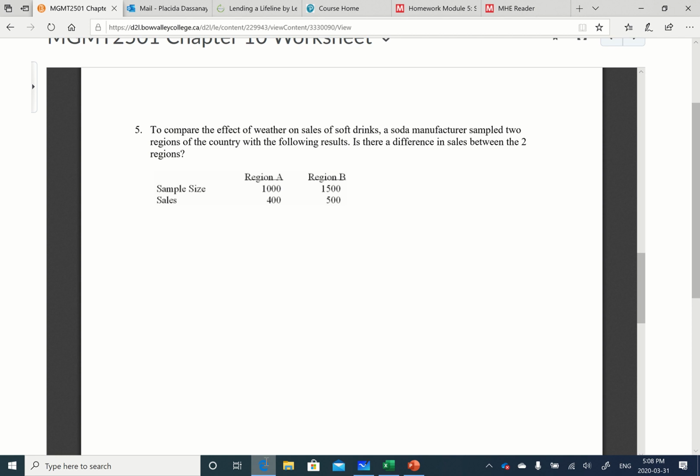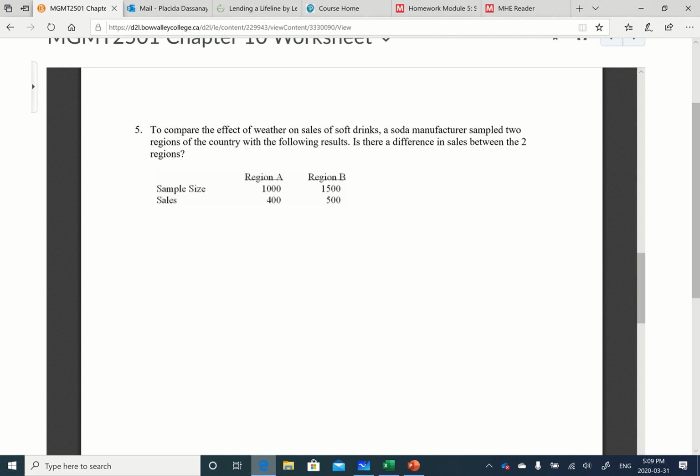To compare the effect of weather on sales of soft drinks, a soda manufacturer sampled 2 regions of the country with the following result. Is there a difference in sales between the 2 regions? So we are comparing region A versus region B. So they want to figure out, does the weather impact the sales? Out of 1000 drinks, only 400 were sold in region A, and in region B, out of 1500 bottles, only 500 were sold.